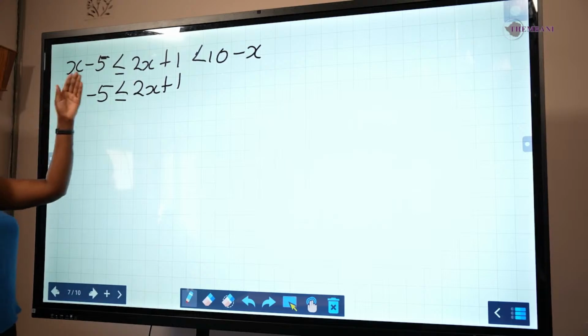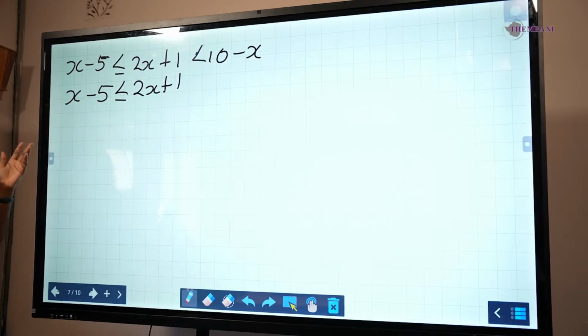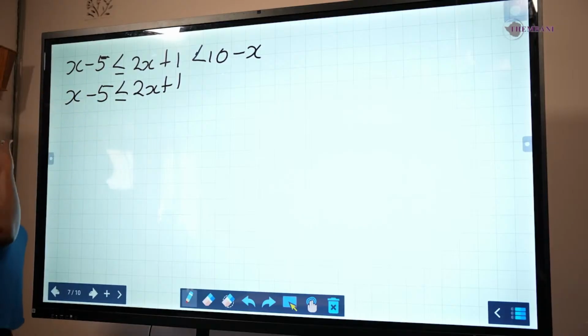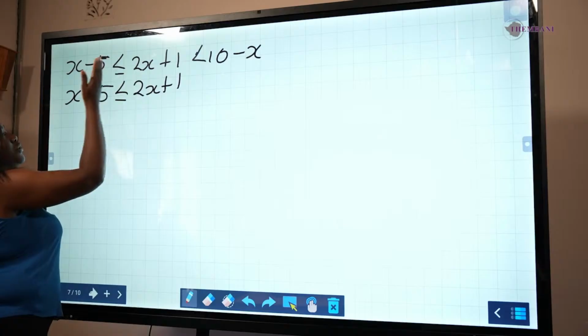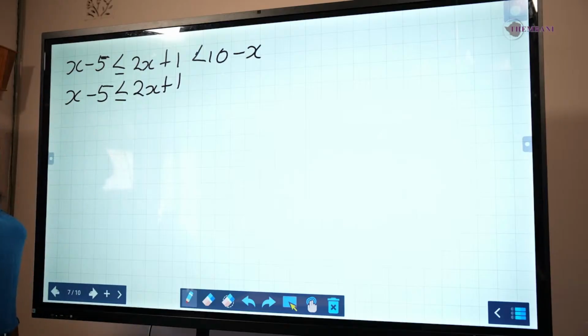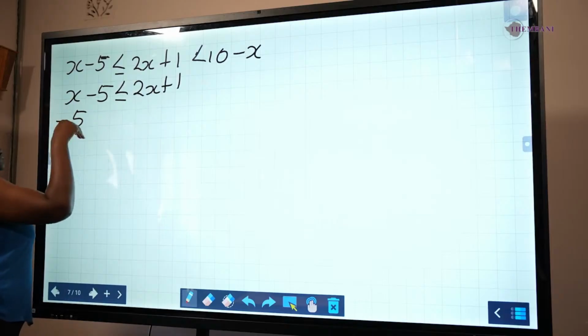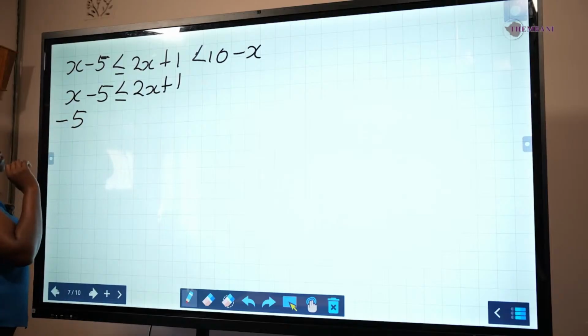I'm going to move my x to that side and my 1 to this side. So if my x is going to move to that side, it was positive, it becomes negative. And if my 1 moves to this side, it was positive, it becomes negative. So I already have my negative 5, and if my 1 moved this side, if it crosses the inequality sign, it becomes a negative 1.